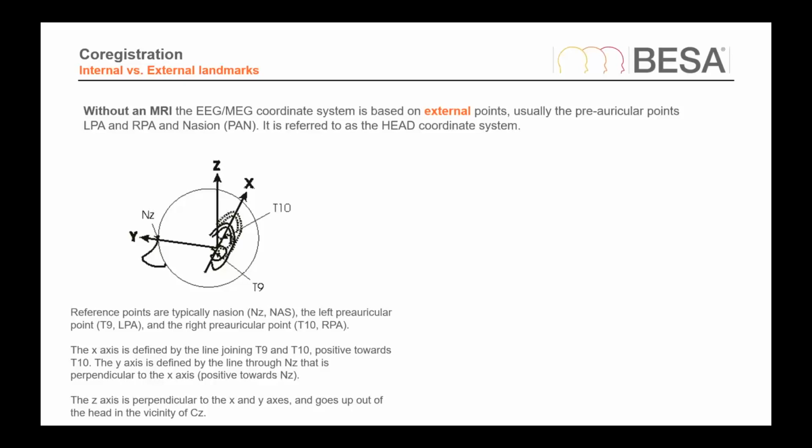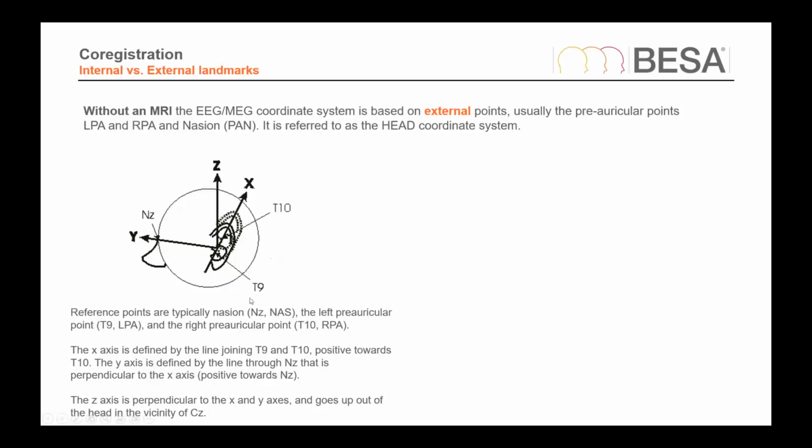And then we need to fall back on external landmarks. And usually what is used is the preauricular points, the left preauricular and the right preauricular points, and the nasion. And this is called the preauricular nasion or PAN coordinate system. We can also refer to it as the head coordinate system.